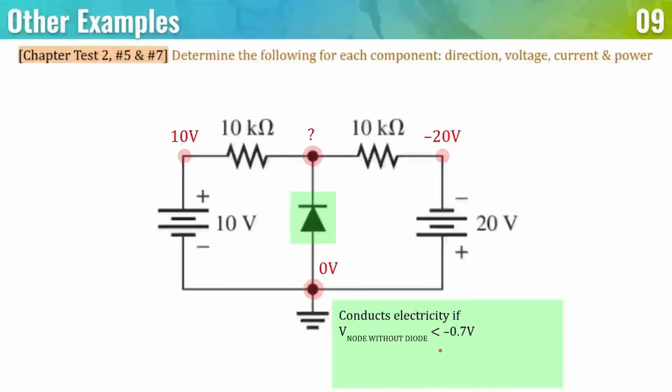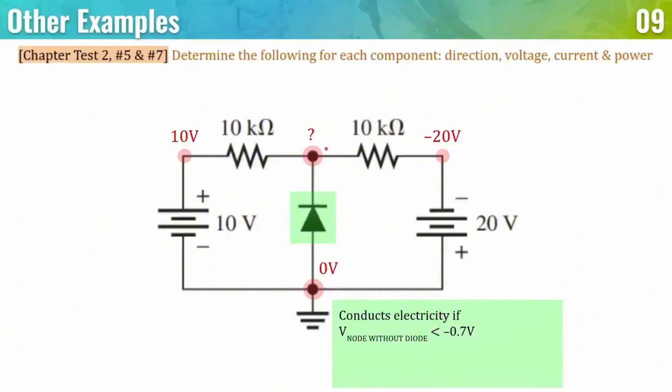The reason why negative 0.7 is because if this were on, from 0 volts, we have a voltage drop of 0.7. So that means if we are dropping the voltage, this must be negative 0.7 or beyond that. So again, if you're confused with it, just look at the absolute value of it. It needs to be past 0.7. And the sign will depend on the direction of the diode.